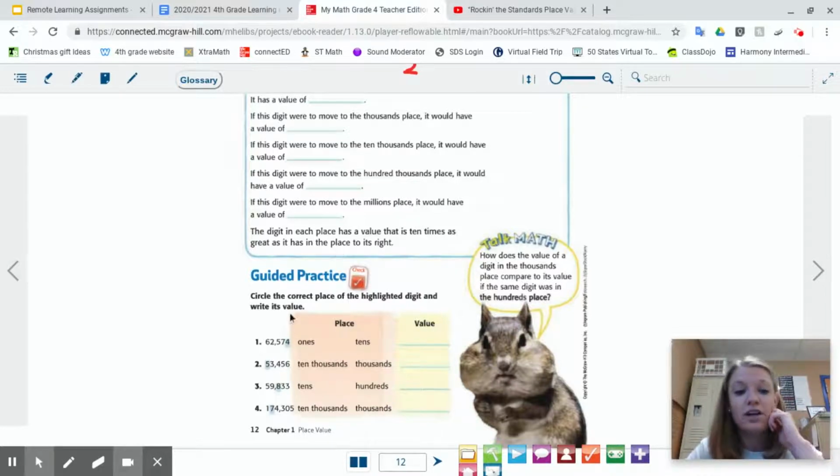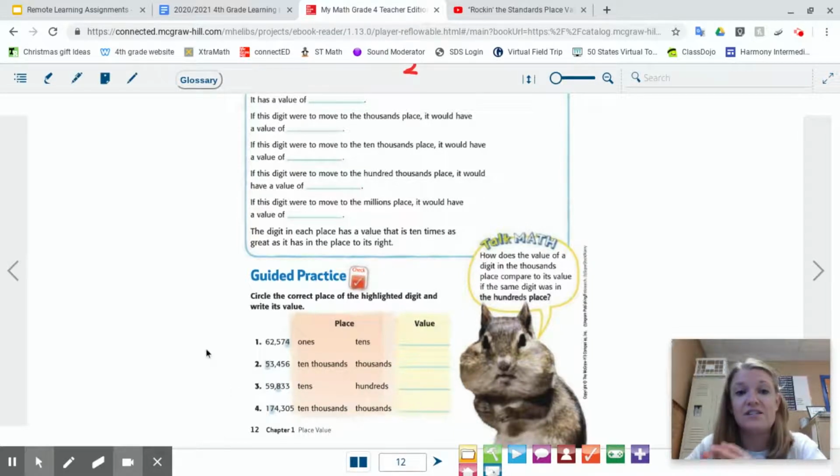So if I were to cover up the rest of this number, there would only be a 4 there because it's in the ones place. It's in the very first place. And the 4, it would be like saying it's $4, right? Let's look at number 2. The 5 is highlighted now. And there's another 5 in it, but each 5 has a different value based on where it's placed in a number. This 5 looks like it's past the comma, so it's going to be in the thousands section.